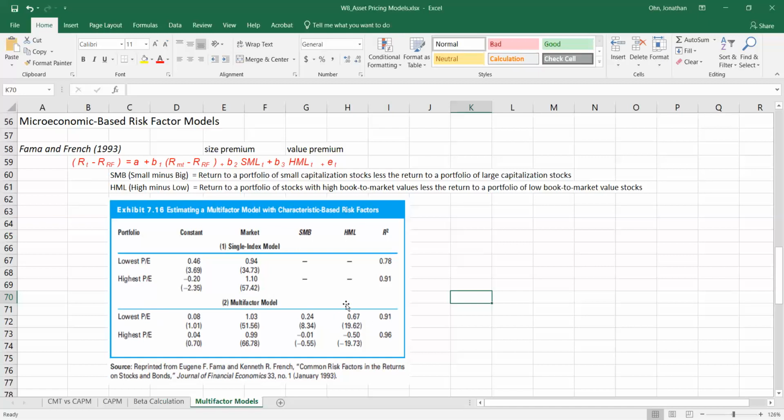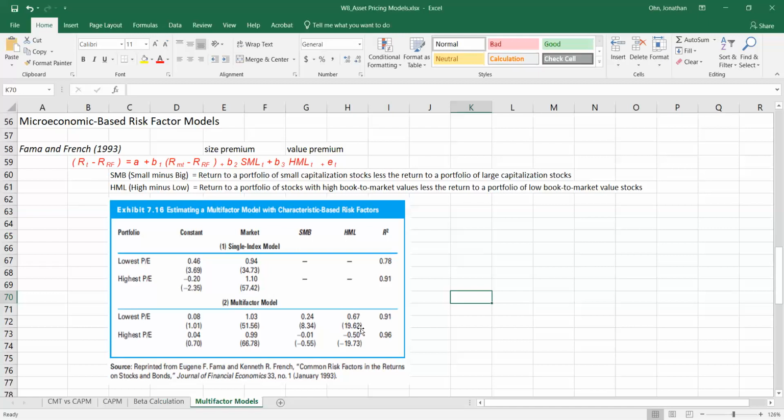Now, if you look at the value premium, it is positive and strong. What that means is this lowest P ratio portfolio tends to be value stocks.